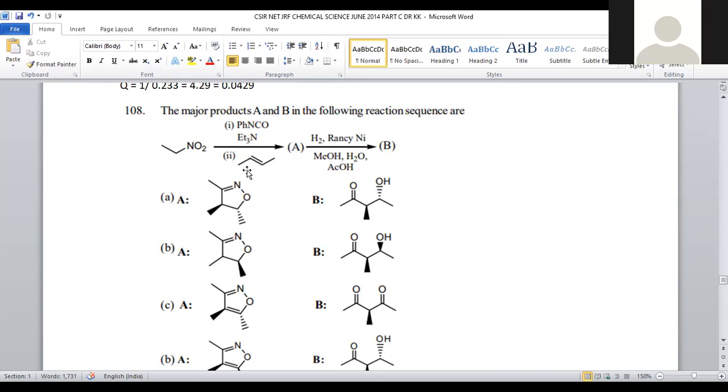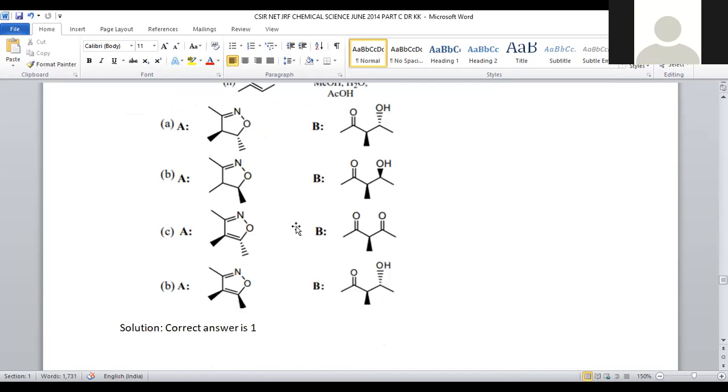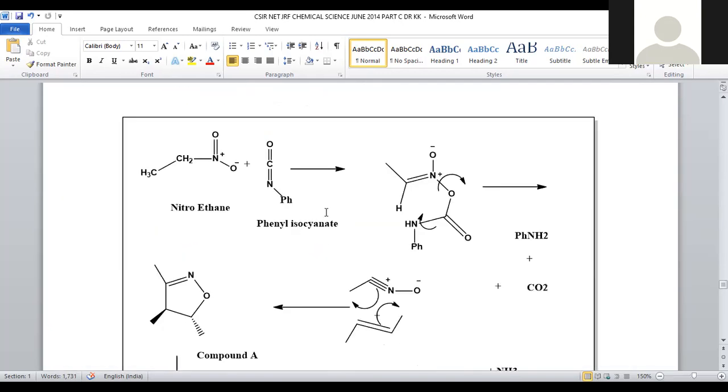And then trans-2-butene was added to this one, we will achieve compound number A. This compound A in turn is treated with hydrogen, Raney nickel in methanol solvent media along with water. Acetic acid is taken as a catalytic condition, means mild acidic conditions are employed here. Then we will achieve compound number B. So let us see what will be the reaction sequence in this. The mechanism of the reaction is described in this manner.